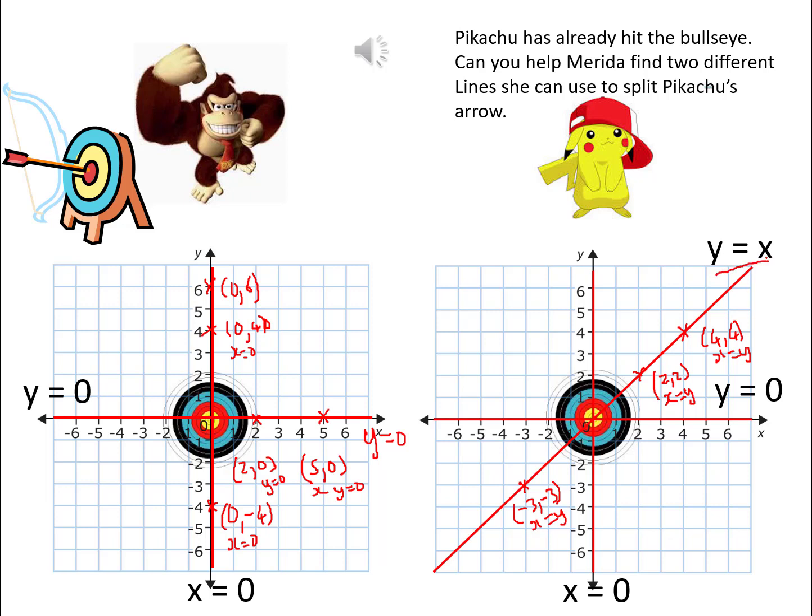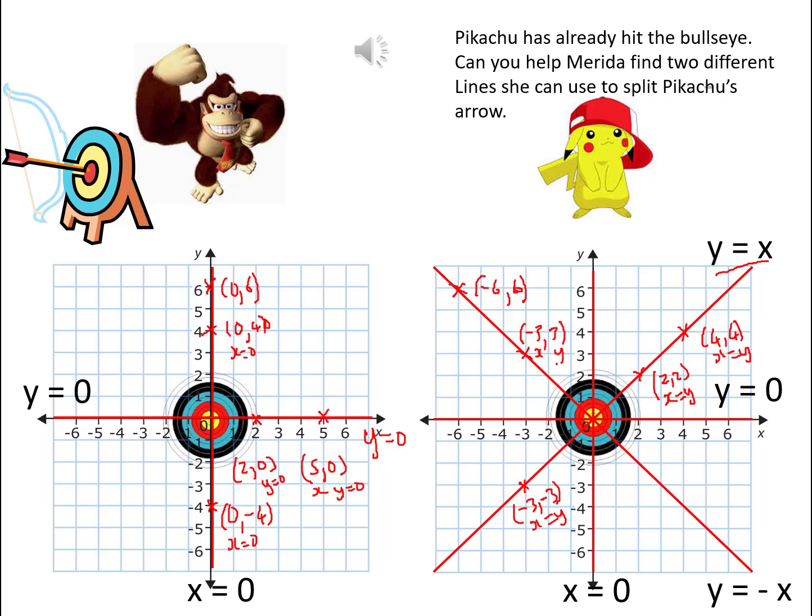Now, what's this one called? You do need to remember this. This is the line y equals minus x, and I'll show you why. Look at this coordinate right here. Can you see the x coordinate is minus 6 and the y coordinate is 6? And this is minus 3 and 3.